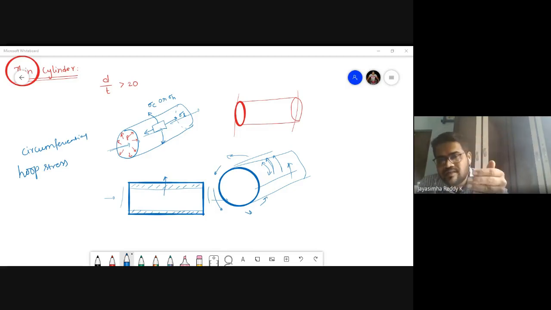And to restrict that circumferential force and to withstand, the material will offer some stress. I am calling it as circumferential stress. Is it clear, students?